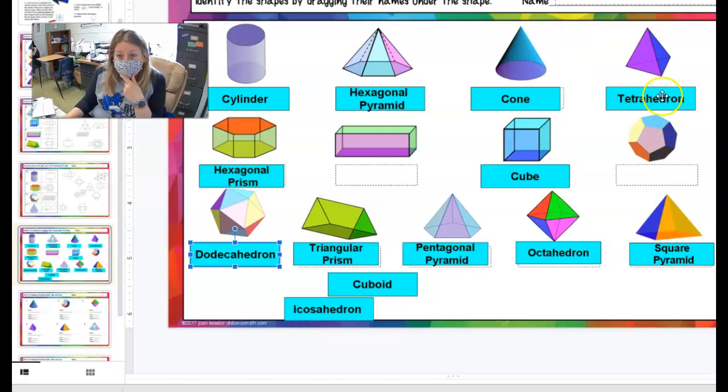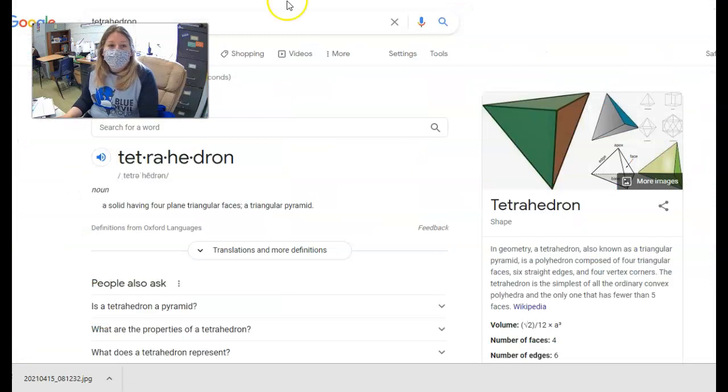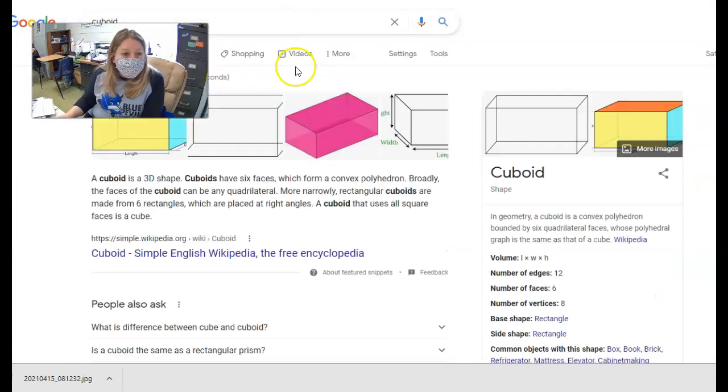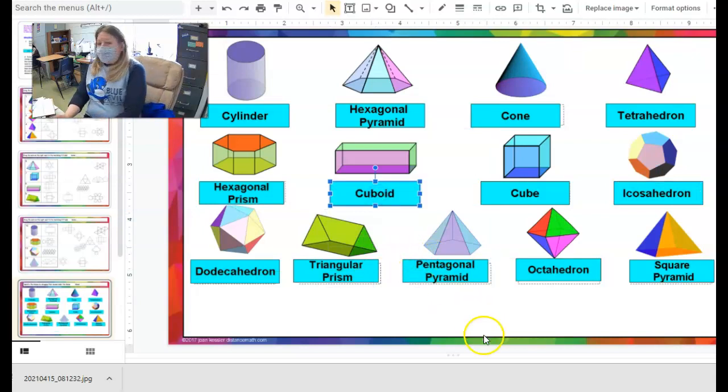And I think the soccer ball is the icosahedron. And whoever wrote this must be from Europe, because they called the rectangular prism a cuboid. We call them rectangular prisms.